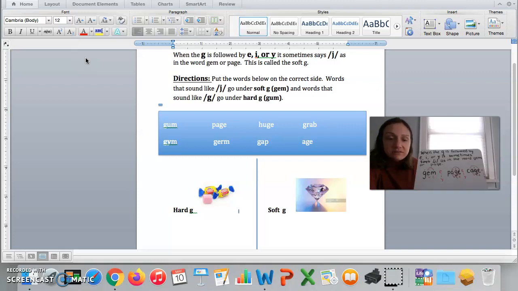Boys and girls, you're going to read these words to yourselves and then you're going to put them in the right spot. For example, gum. When I say the word gum, the first sound I hear is my G saying G, G. So I know that the word gum has to go under the picture of gum where it says hard G, and then I write down my word gum under the hard G. Let me show you.